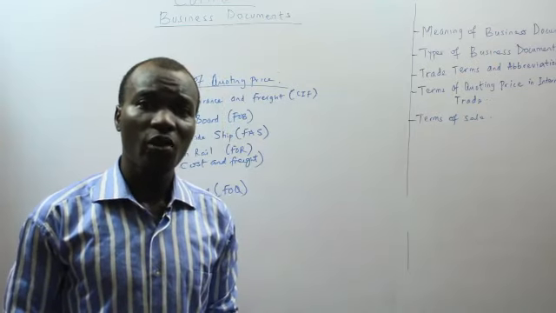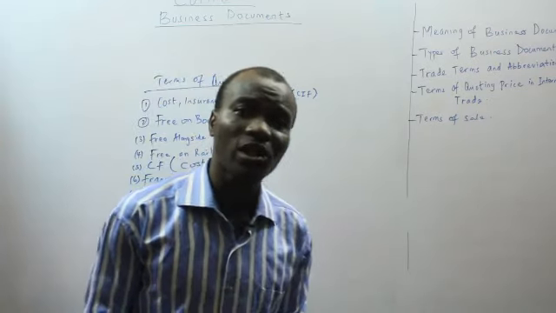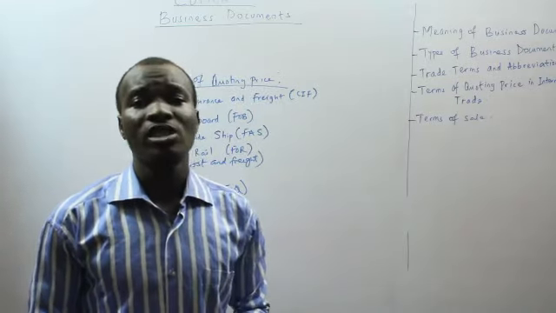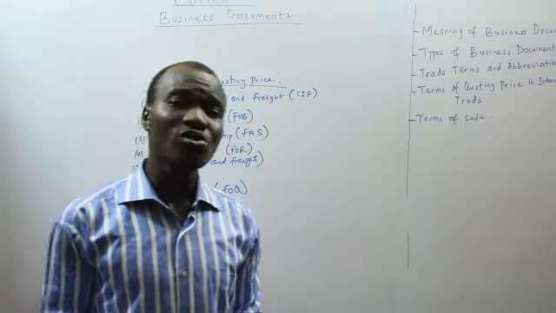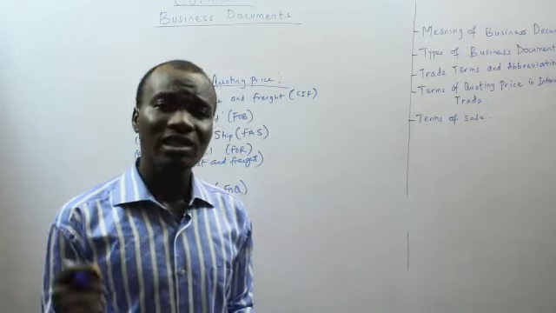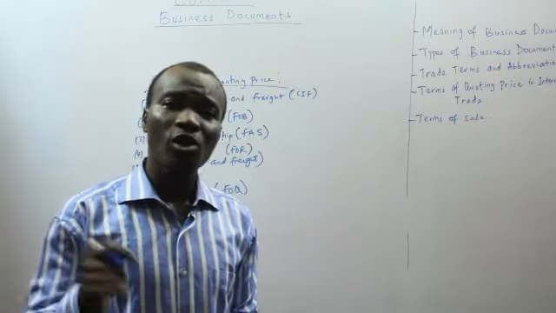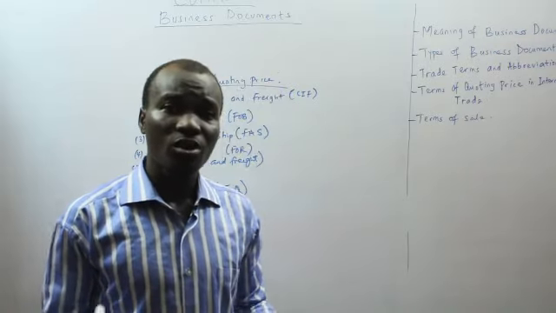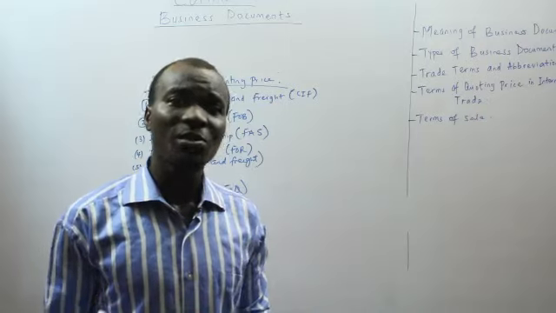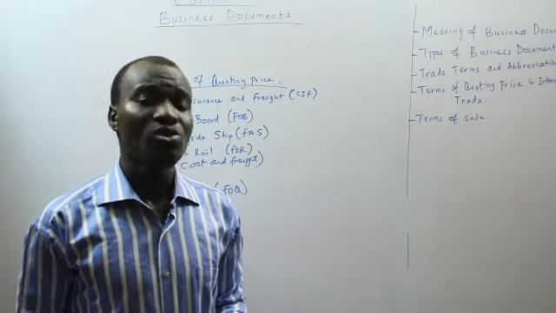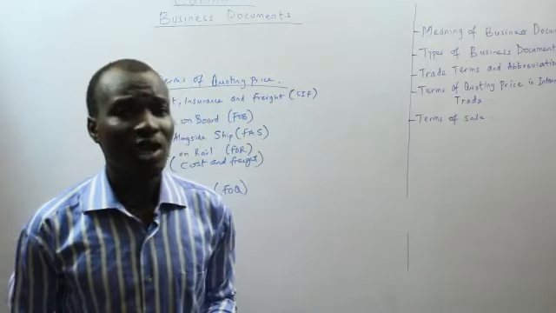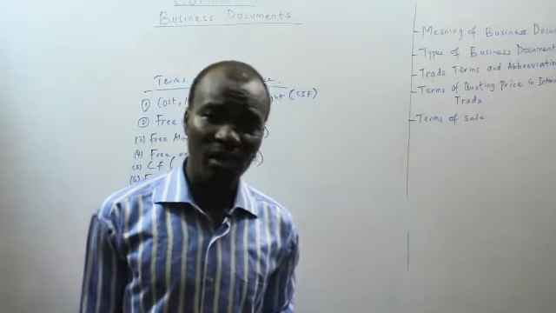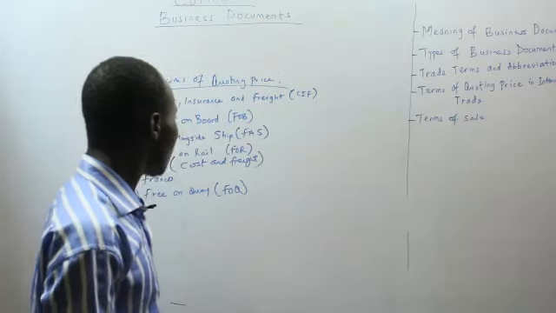So when the price is quoted free on rail, the importer will know that all of the costs incurred in moving the goods to the rail, including delivery charges, will be in the quoted price. So it will be the responsibility of the exporter. Any subsequent charges will then be the responsibility of the importer, that is the buyer.